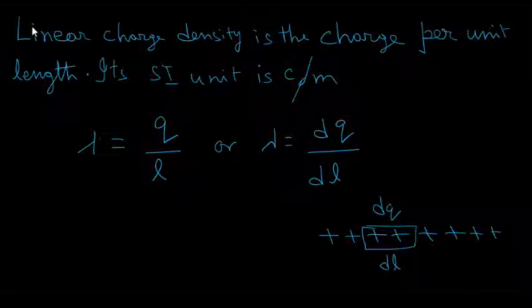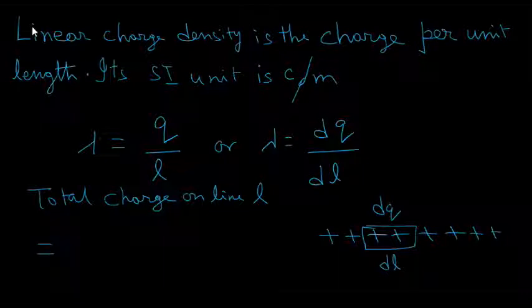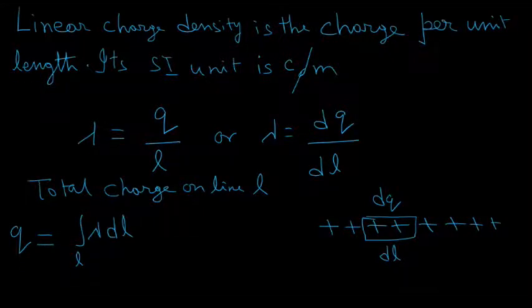So the total charge on line L is q equal to the integration over L of lambda dl. So this is the expression for linear charge density and total charge.